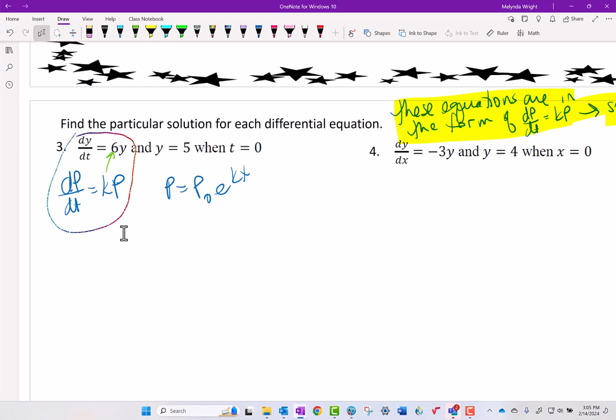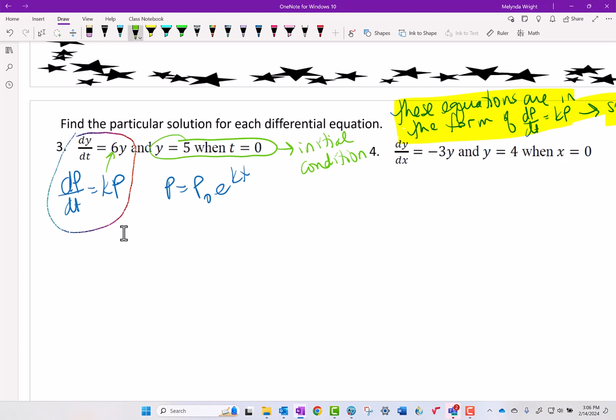This portion right here is the initial condition. So do we understand, what does initial condition mean? What does that word mean? Is that a special kind of a condition? Isn't that the very first condition, right? When t is 0, it's our beginning situation.